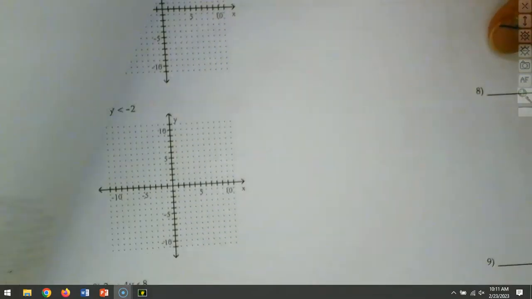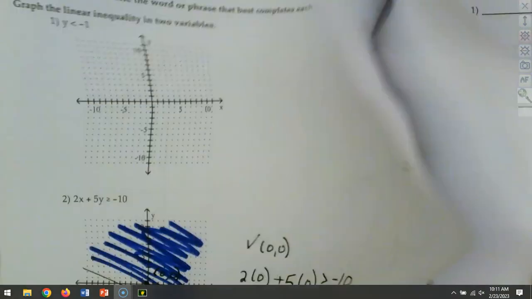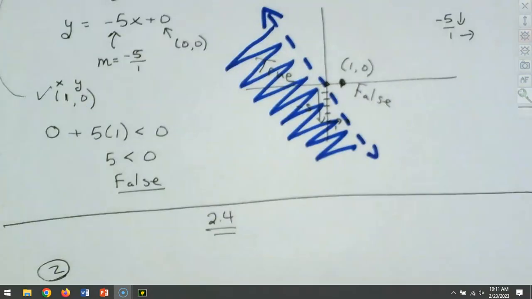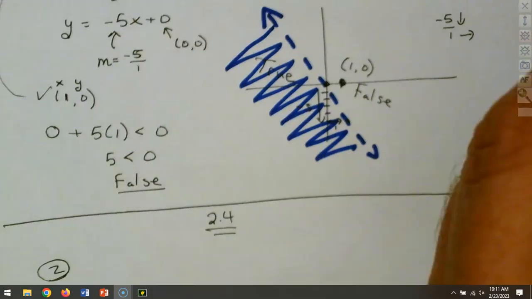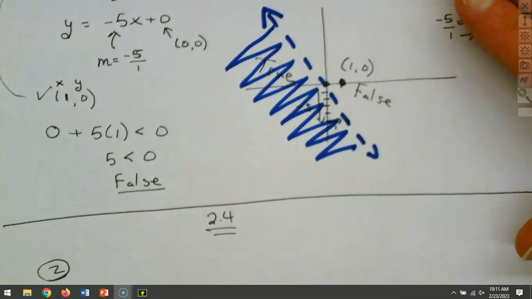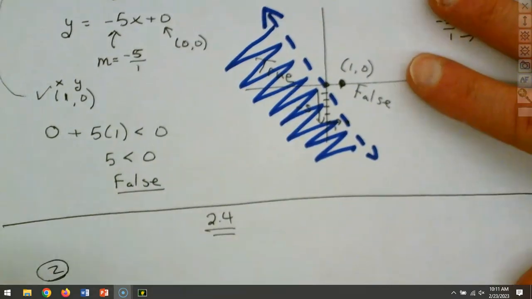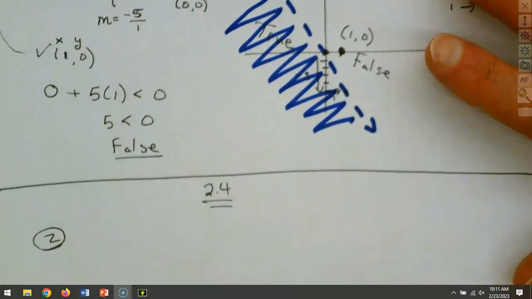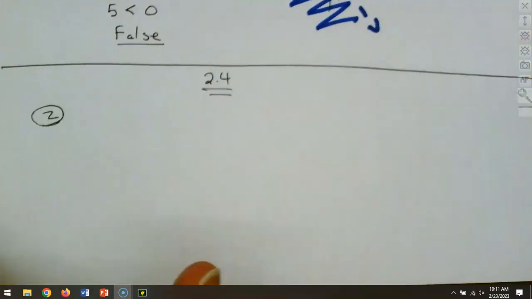Now we do have a little bit of time left. So we're going to start the next section, and we may or may not get through all of 2.5. We're going to see how far we get. We'll get through most of it, I think, at least half of it. So we just did this one, so you can refer back to the sheet, see how we did 2.